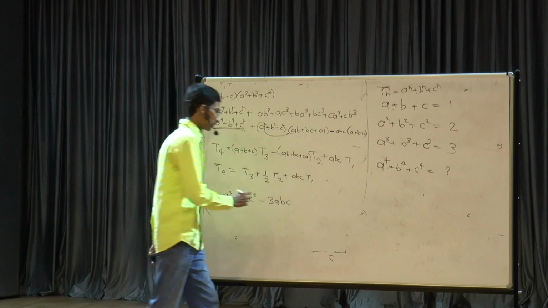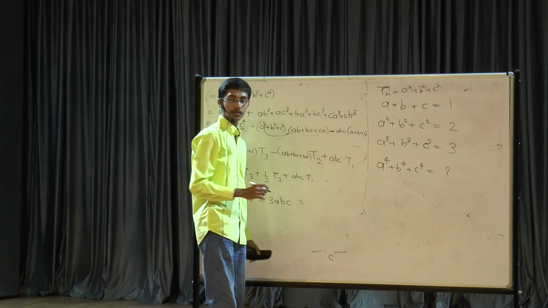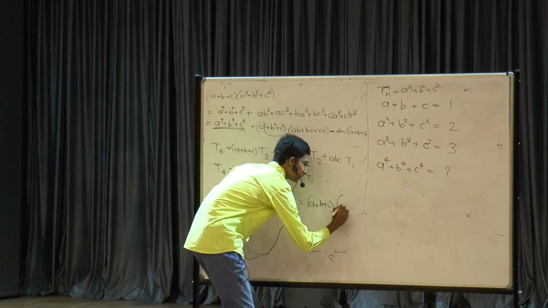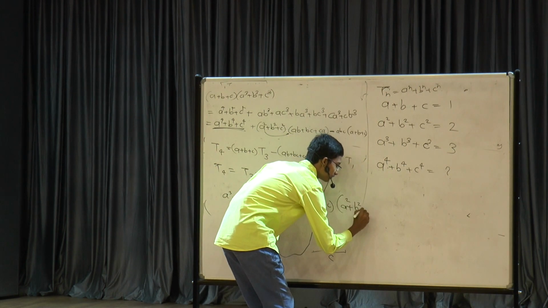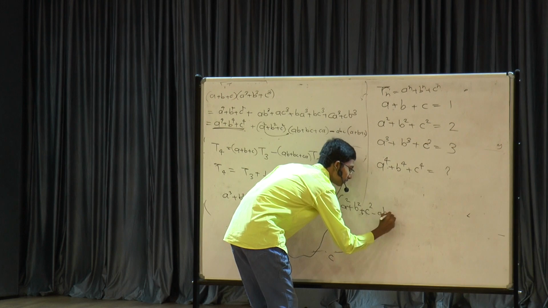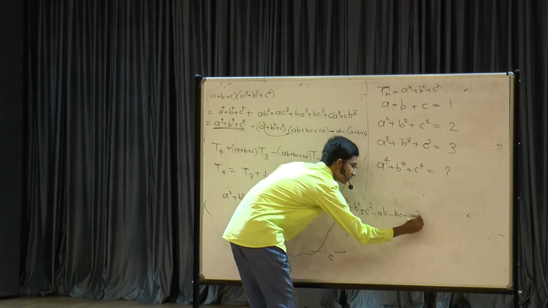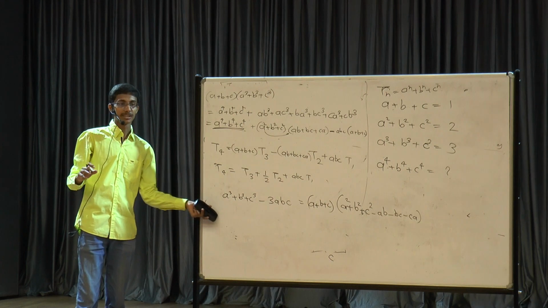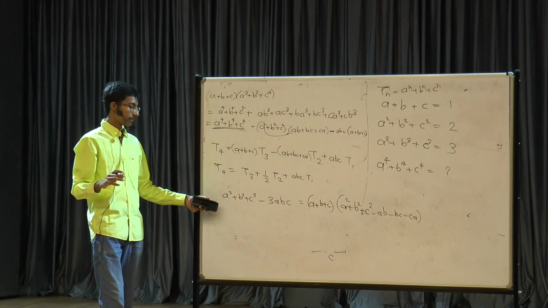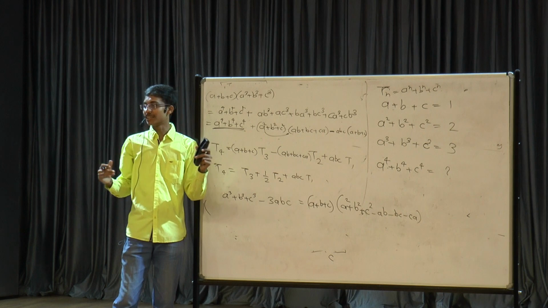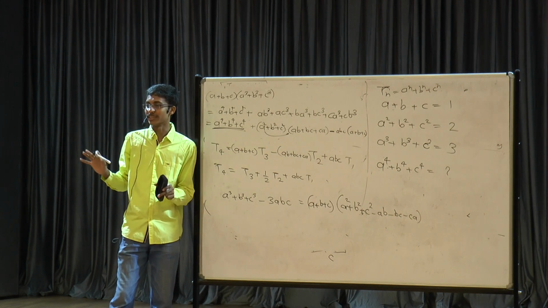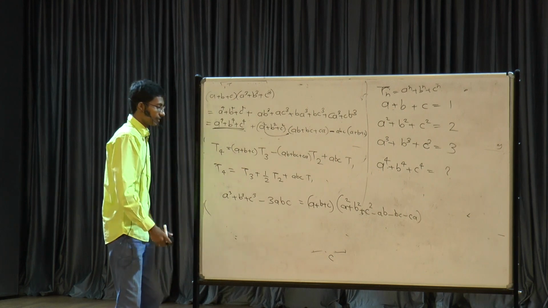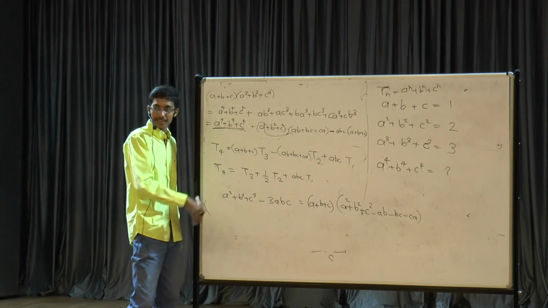So this, yeah, a square plus b square plus c square. This is an algebraic identity. Has everyone seen this before? This was one of those later ones in the book that you just ignore, because a plus b square is what matters. So it's okay. This doesn't matter that much.